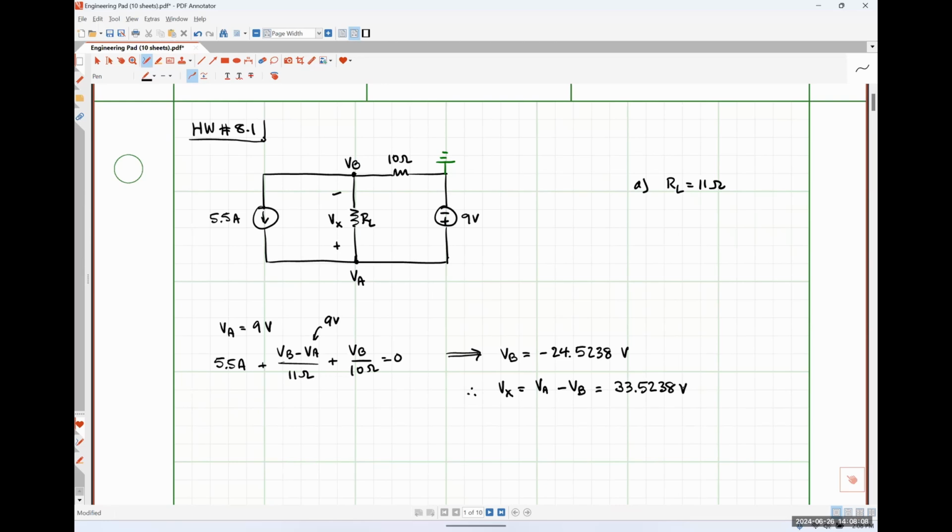So that seems pretty legit. For the power supplied by the 9-volt source, we need to know the current that is flowing into the negative polarity terminal. I'm just going to call this I 9 volts.